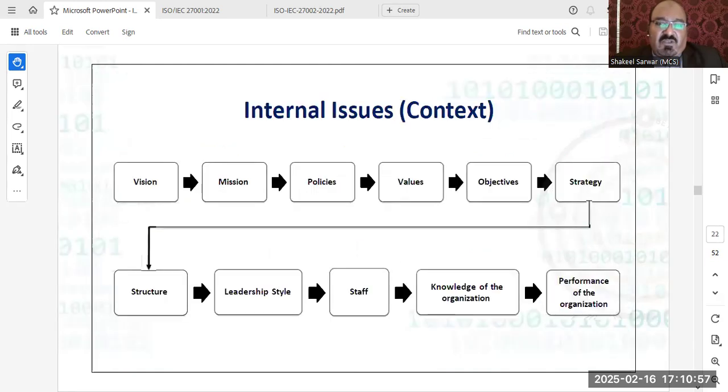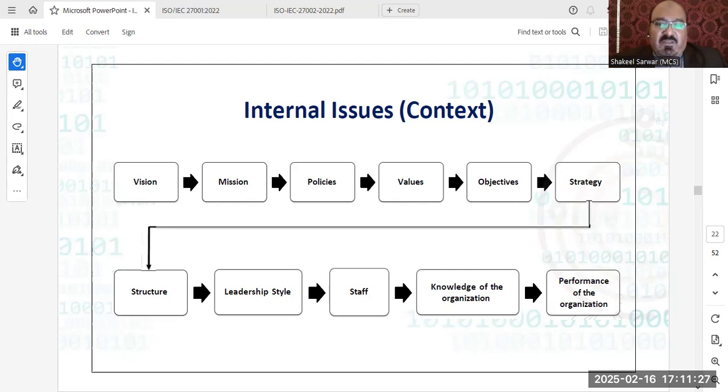Internal issues are factors within the organization that could impact the ISMS. These include the organization's internal processes, people, culture, and infrastructure. For example, organizational culture: the level of security awareness and engagement among employees, resistance to change, or poor adoption of new security practices.